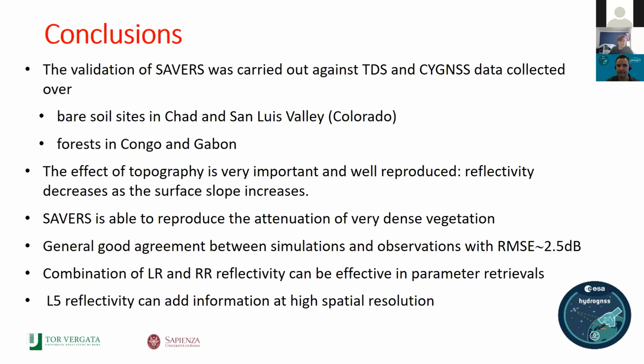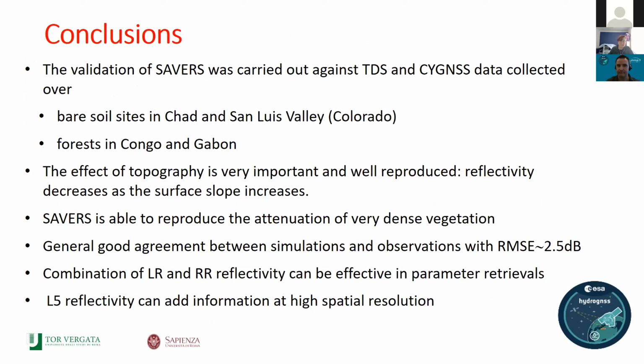So to conclude, the validation of Savers was carried out against TDS and Cygnus data collected over bare soil sites in Chad and St. Louis Valley, forests in Congo and Gabon. The effect of topography is very important and well reproduced by Savers.